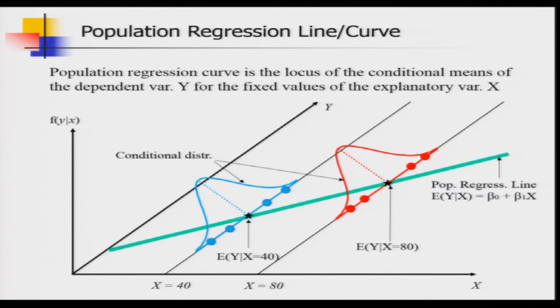Anyway, so now after you have chosen two particular values of x, then you draw some vertical lines parallel to the y axis, and these vertical lines I have shown you, both of them are in black. Now you note that here, suppose you concentrate on x equal to 40.